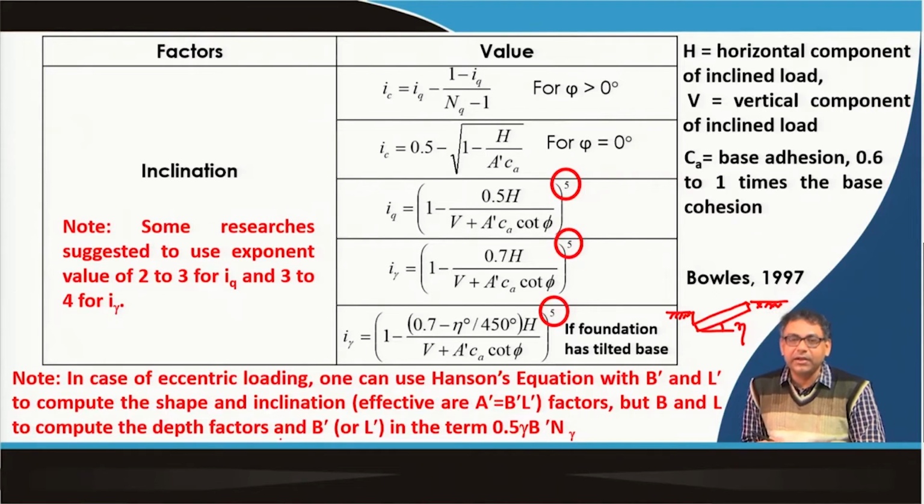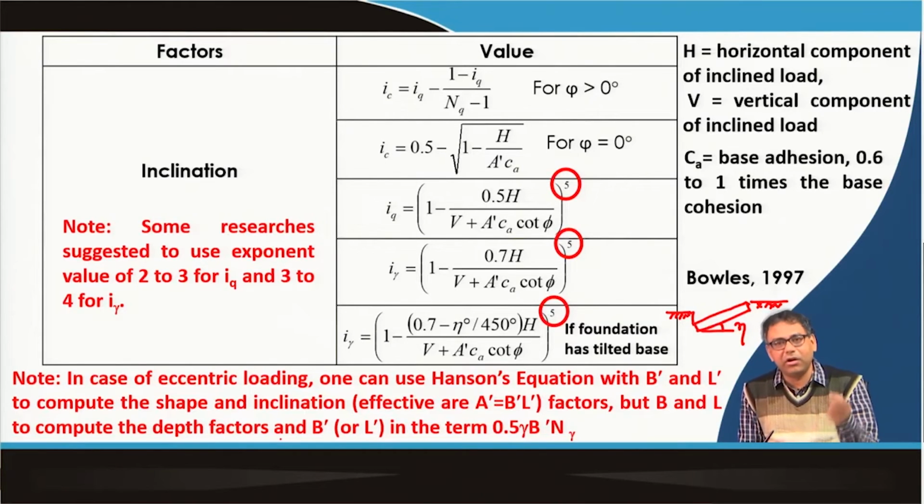For example, if loading is acting parallel to the width, horizontal load, because an inclined load has two components, but in the Meyerhof equation only that angle is given. So, you can calculate the angle and put it. There is no provision to incorporate which direction the horizontal load is acting.